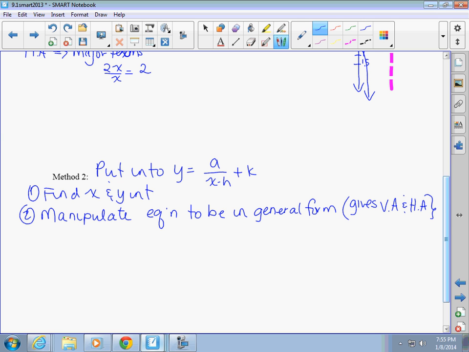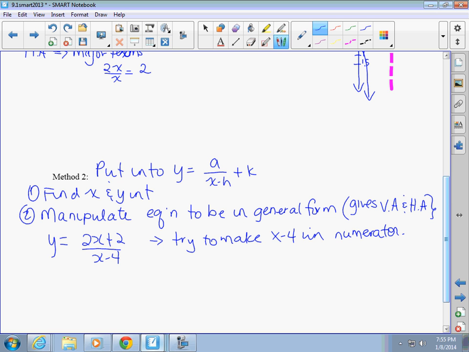So what we need to do then is our equation was y is equal to 2x plus 2 over x minus 4. So what we want to do is have x minus 4 in the numerator.